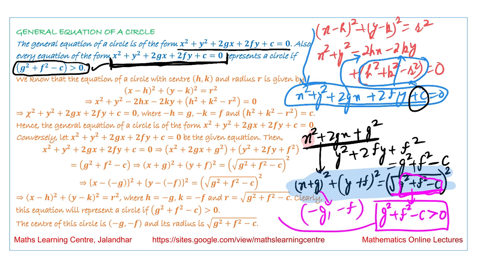Then this equation will represent a circle. So any given equation x² + y² + 2gx + 2fy + c = 0 will represent a circle with center (−g, −f) and radius √(g² + f² − c), and the condition for this equation to represent a circle is that g² + f² − c should be greater than 0.